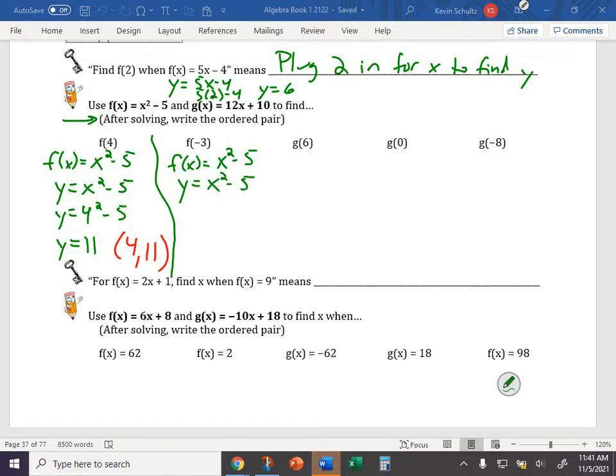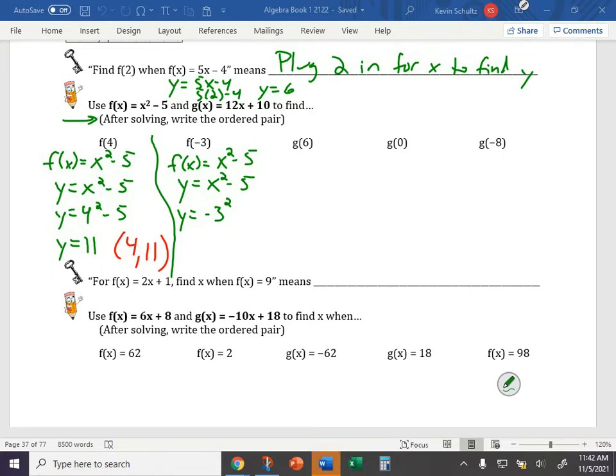I'm plugging in -3 for x, and I'm squaring it. We just took a test on squaring negative numbers. When I put in this -3 here for x, am I going to need parentheses around it or not? Is that negative sign part of what's being squared or not? What do you think?